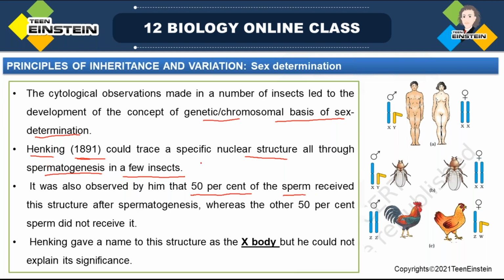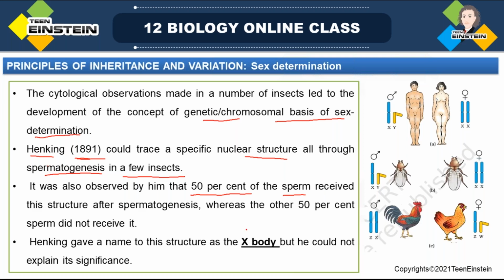So during sperm production, or spermatogenesis, of some insects, they noticed this structure which is present throughout spermatogenesis.